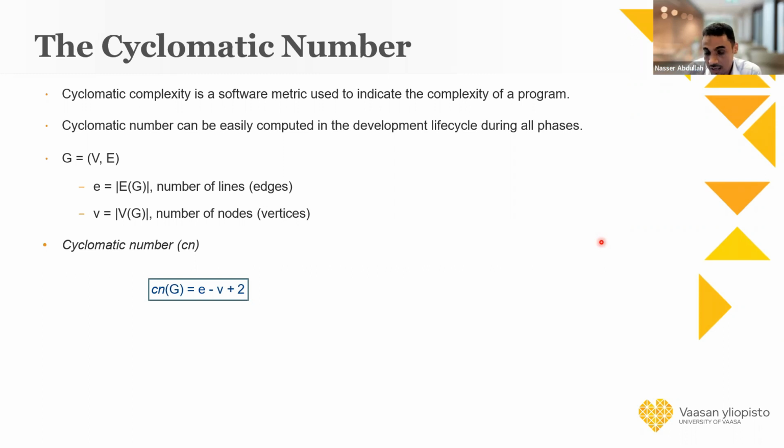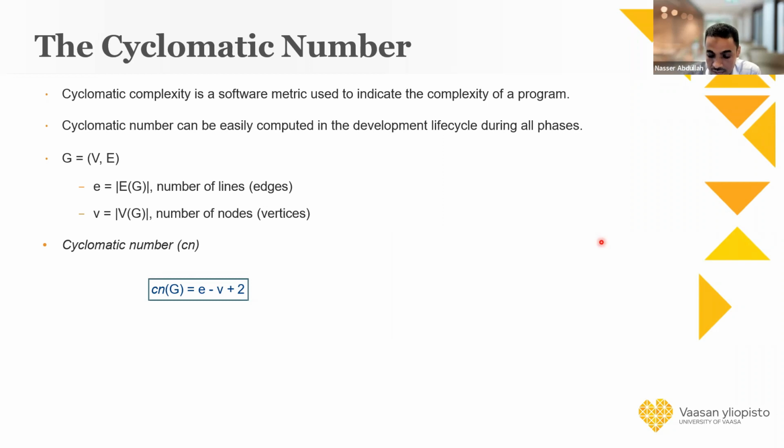Based on the graph that you have, we take the number of edges minus the number of nodes plus 2. This is how we calculate the complexity. There are many different types of complexity, but here we select the cyclomatic complexity.